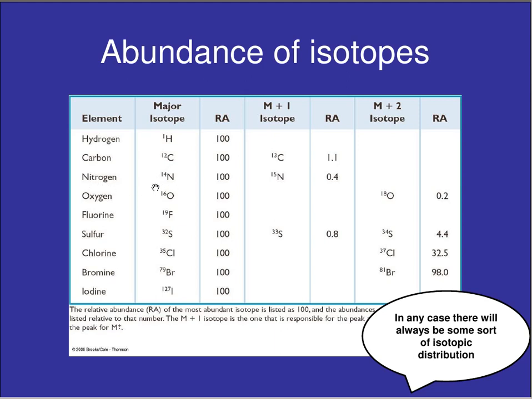For nitrogen you've got an M plus 1 that is about 0.5%, and sulfur you've got an M plus 1 that is almost 1% as well, plus an M plus 2 of about 4%. So please look for those. There's also oxygen 18, which is 0.2%. Of course, bromine, we've got almost a 1-to-1 ratio of bromine 79 to bromine 81, and chlorine we've got a 3-to-1 ratio of chlorine 35 to chlorine 37.